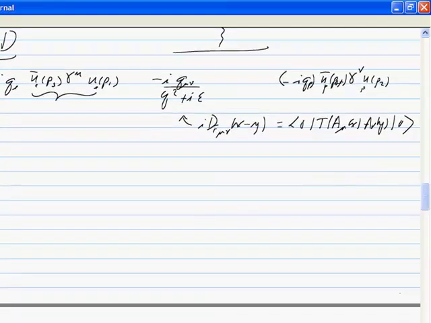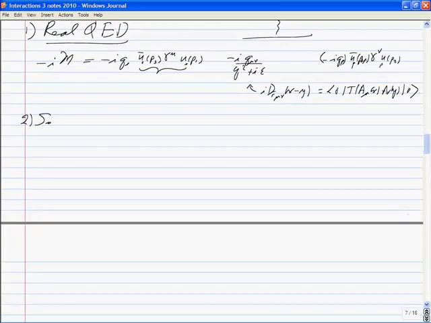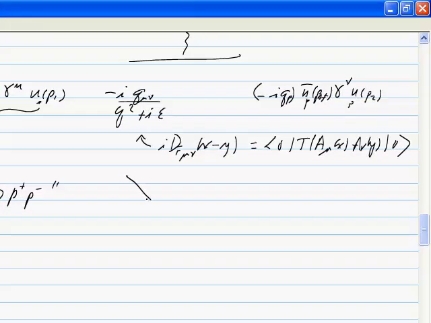The second variation I'd like to do is let's go back to scalars just to make it simpler. So scalar case. Let's do e plus e minus goes to p plus p minus. So proton, antiproton. So that would be coming in like this.